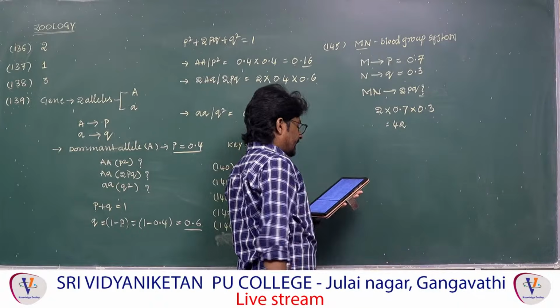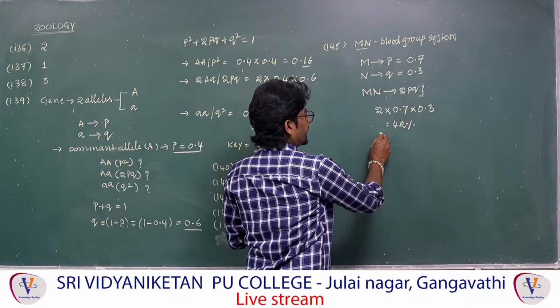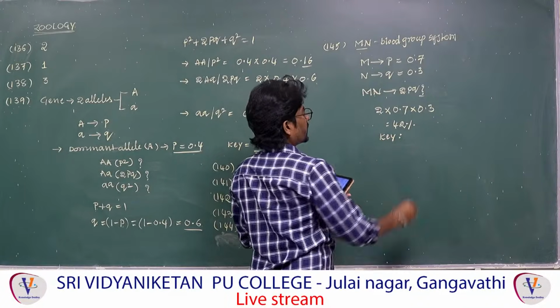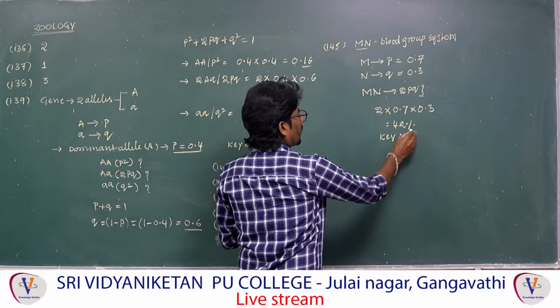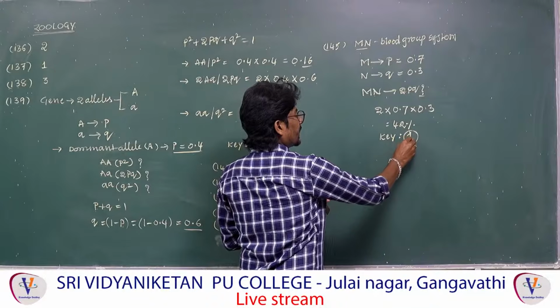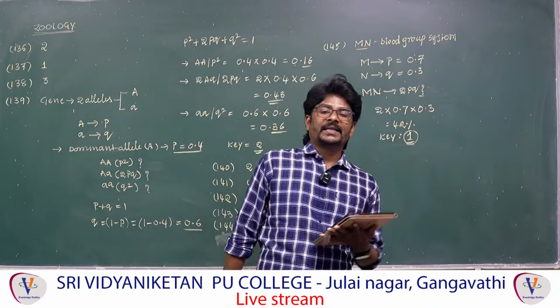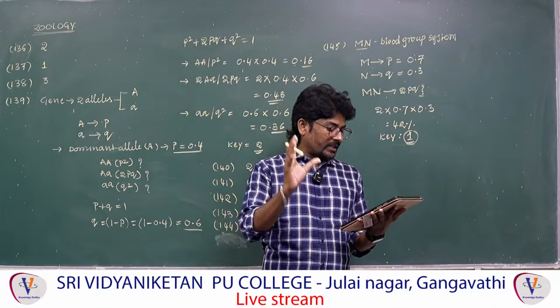So what is the correct answer? 42%. So the correct key answer is option 1. For question number 145, the correct key answer is option 1, the first option. 42% of individuals have the MN blood group.